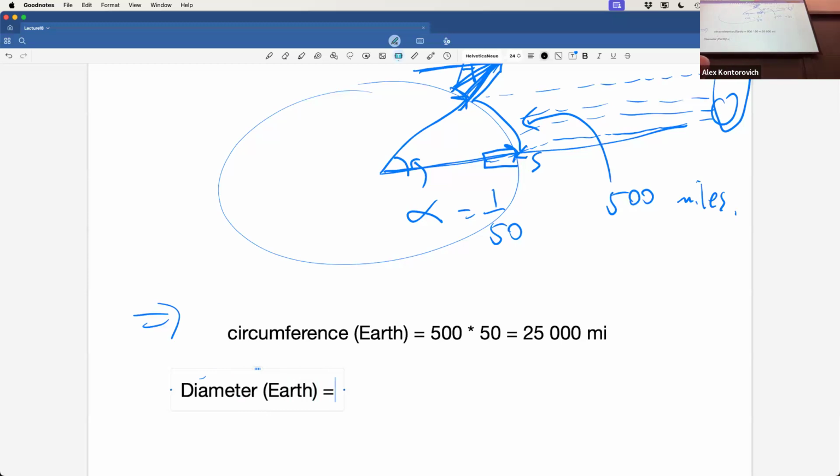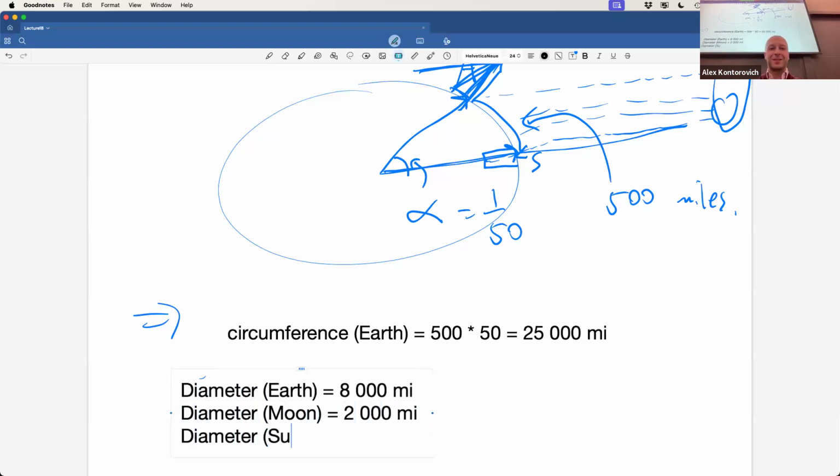Pi is 3 and a little bit more. 25 divided by 3. 24 divided by 3. Yeah, 8,000. 8,000 miles, which is roughly right. And so what's the diameter of the moon? It's a quarter of the Earth. 2,000 miles.